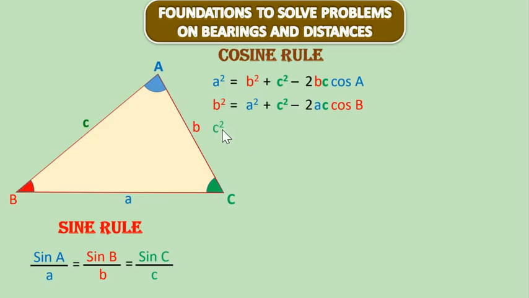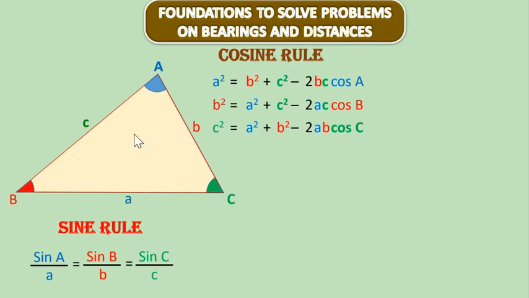What of c? c squared will give us a squared plus b squared minus 2ab cos C, sorry. So now that gives us the cosine rule.